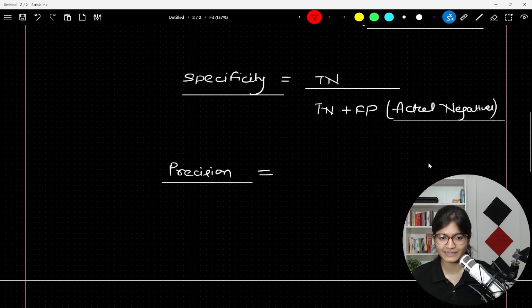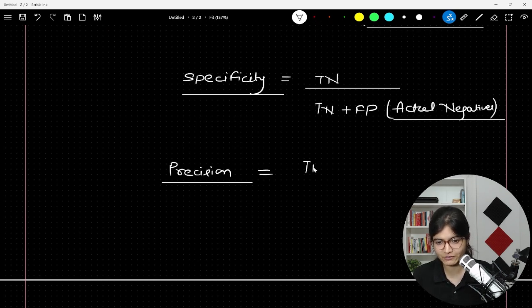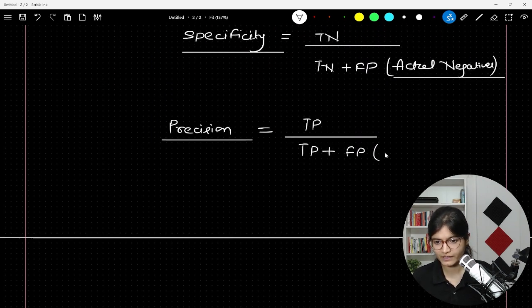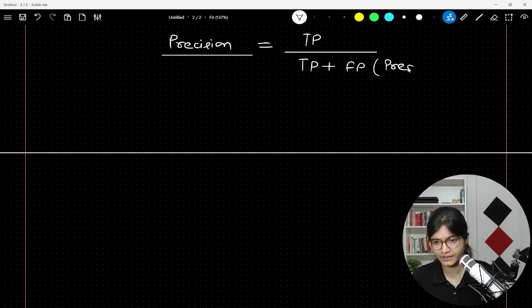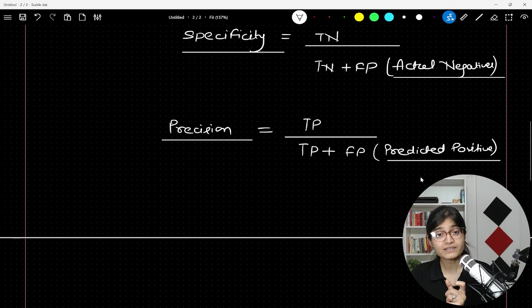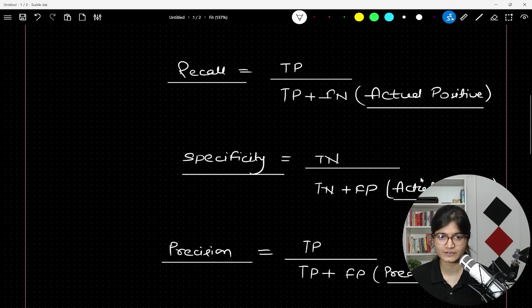When I say predicted positives, I am referring to the row part, because the predicted value is the row part. So precision is TP divided by TP plus FP, the sum of predicted positives. Out of the given predicted positives, how many are actually true positives is indicated by precision.